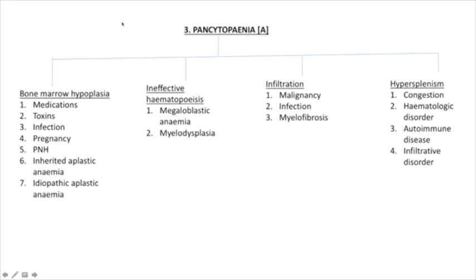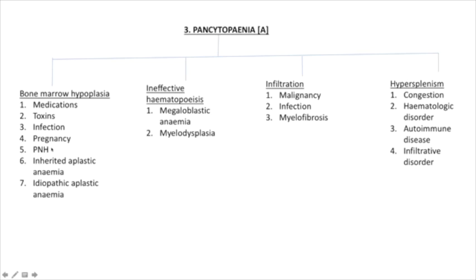If you progress through here in a systematic way, some medications can cause bone marrow hypoplasia. The typical example is your chemotherapeutic agents. Some toxins can cause it as well. Infections, the likes of your viral infections, CMV, EBV, parvovirus. Pregnancy can do it.